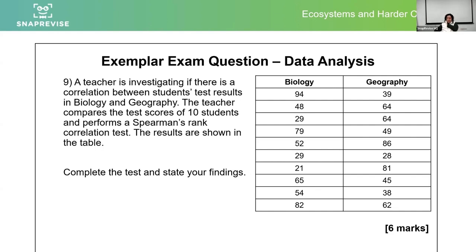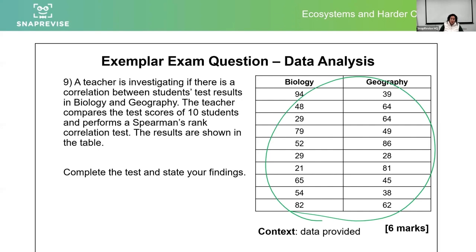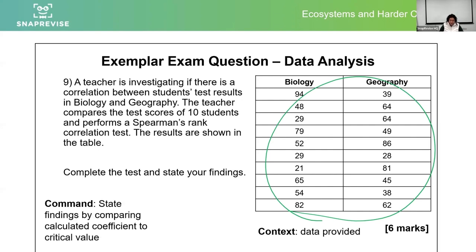That's why I'm saying the tests are a worthwhile investment, because they're worth a lot of marks. And at least there's no ambiguity about what you need to do. The context is, of course, the data provided. The command words are complete and state. And the direction is that you're using the Spearman's rank test.